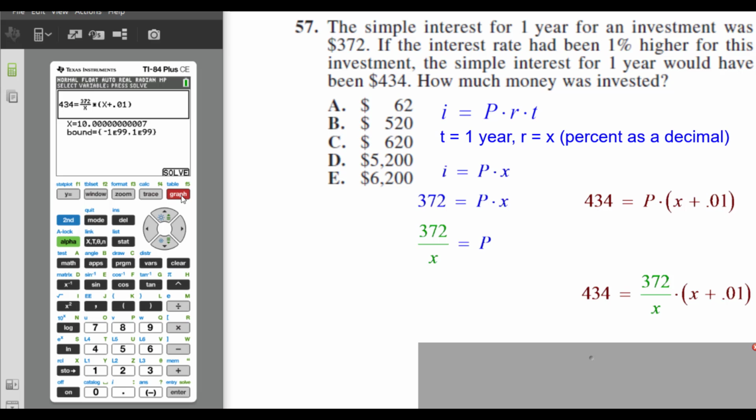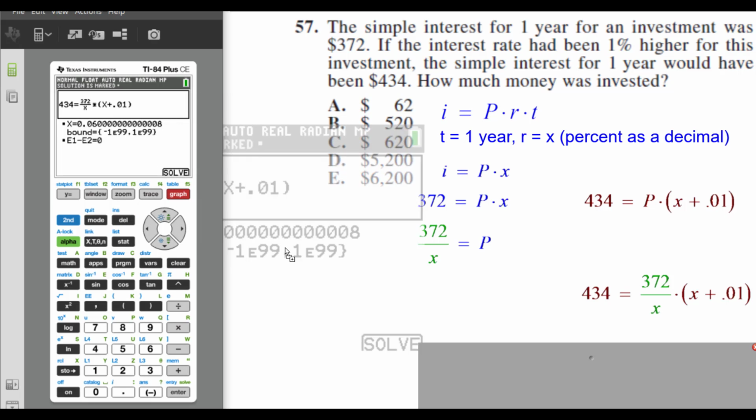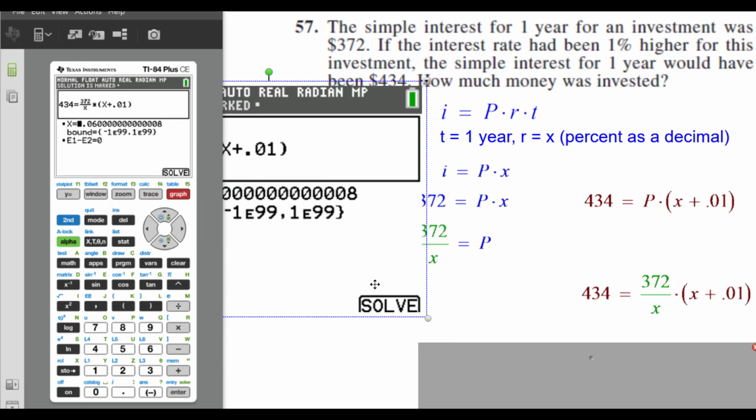Okay. For my guess, now remember my x is a rate of interest, so I'm going to go with something like maybe 0.05 as my guess, or 0.04 maybe as my guess, and then press graph to solve, and it looks like it's 0.06 is my interest rate.